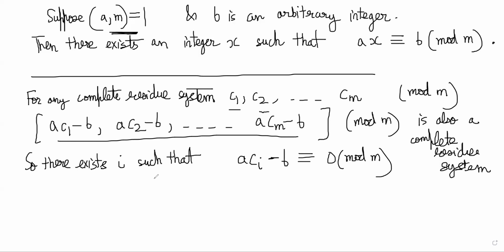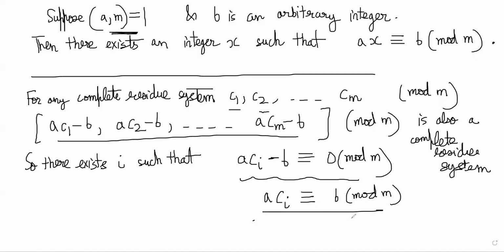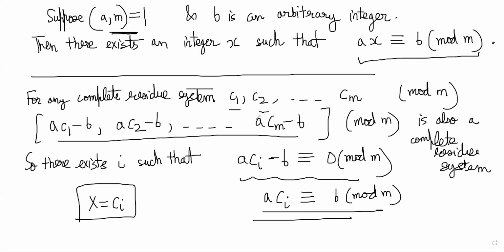So there must be some i such that this is happening, which means that there must be some i such that a Ci is congruent to b mod m, right? So x is equal to Ci. There is an x where x is equal to Ci such that this equation is satisfied, right? Basically, we are saying that there is an integer x such that ax is equal to b mod m. We are using the property of a complete residue system.